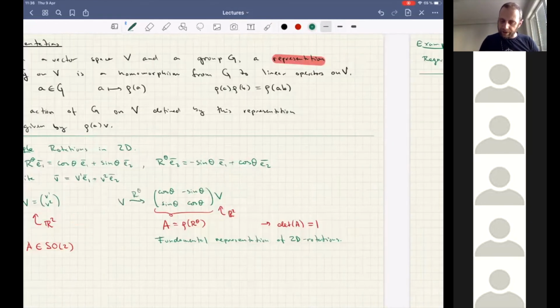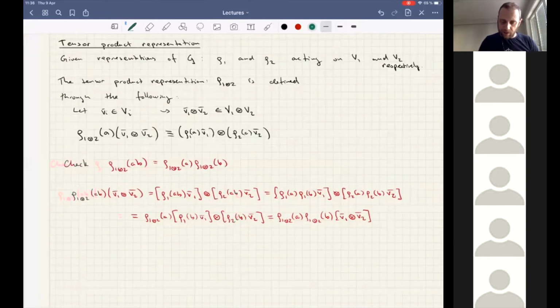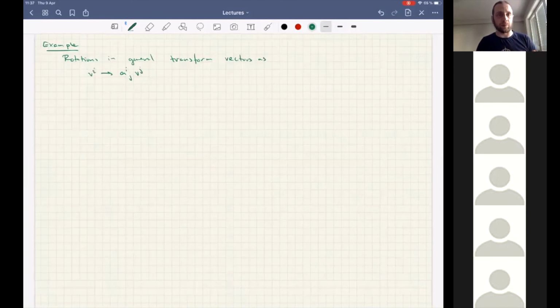What we're going to look at now is the tensor product representation. So we're doing a tensor product of 2-dimensional vectors. So rank 2 tensors transform, rather their components transform as Tij.